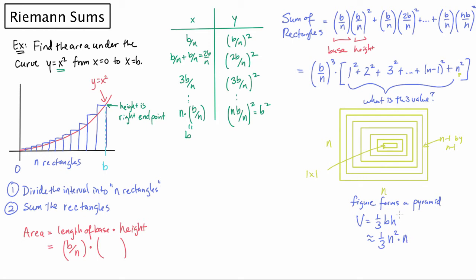And that says that the figure is approximately n cubed over 3 in value. Well, if I go back to the equal sign here and continue on, then I have b over n cubed times n cubed over 3. The n cubes cancel out, and that gives me the value b cubed over 3 for this sum.